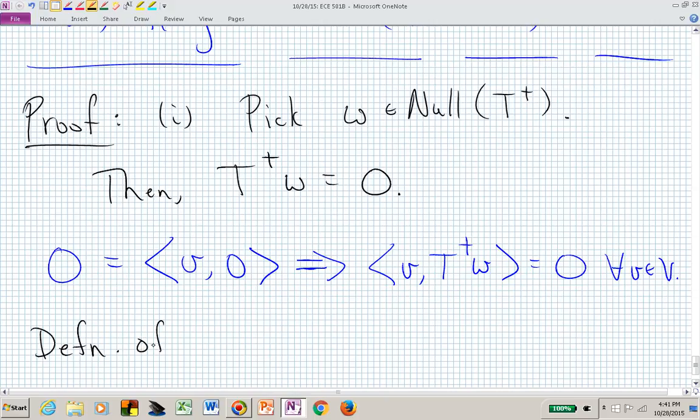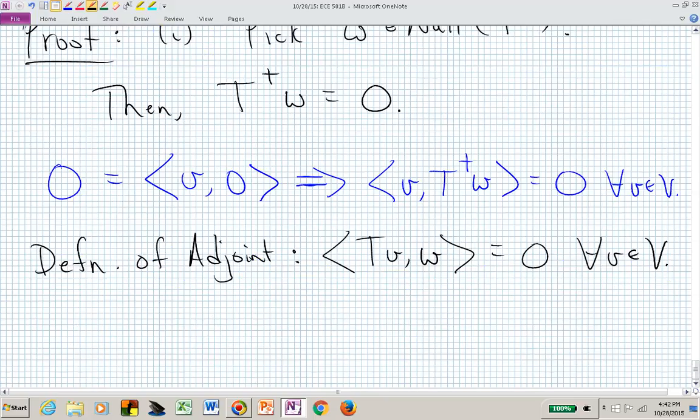If we apply that to this most recent expression on the last line, now we're moving T dagger into the first slot, and what will that result in? And that's now equal to 0, and that's true for all V in the vector space V.